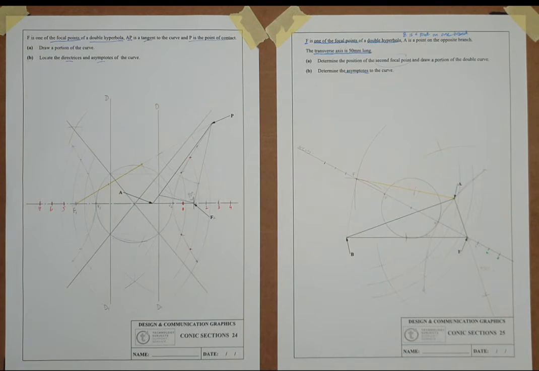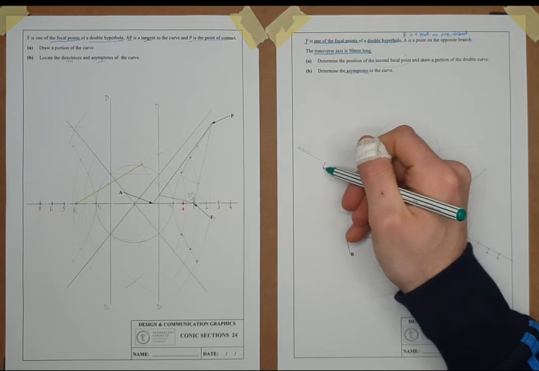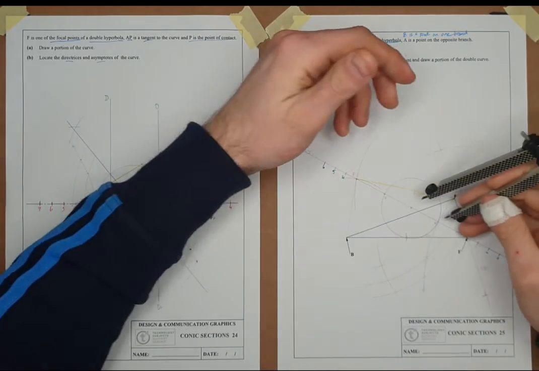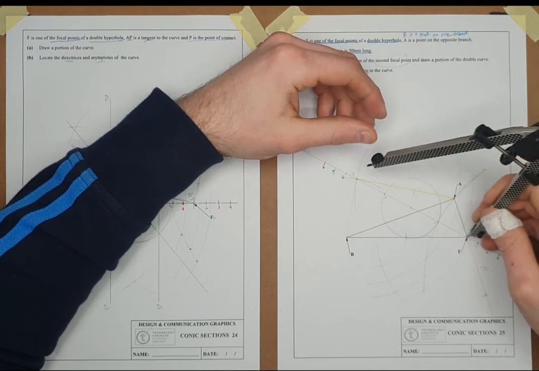Across to the other side, and that was 1, 2, 3, and I'll just call this 4, 5, and 6 across to the other side. So vertex, and I'll start out there at 6 in the focus.